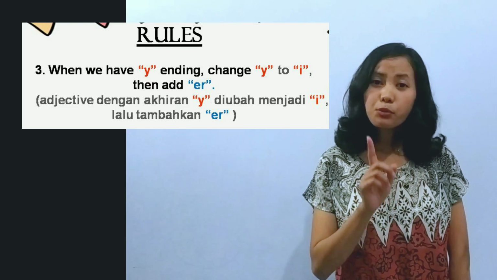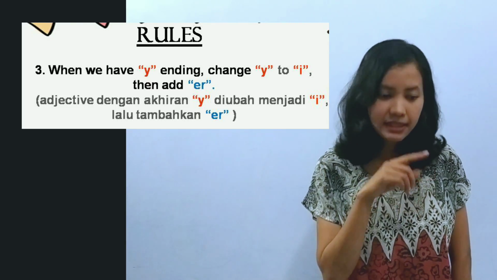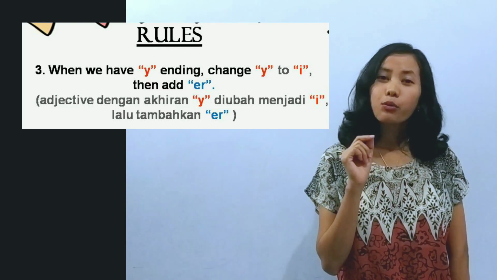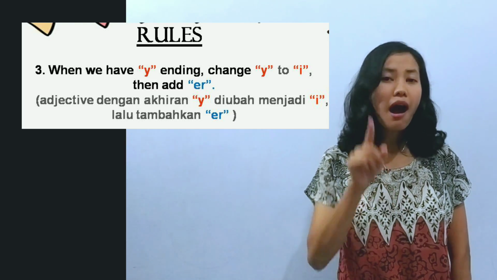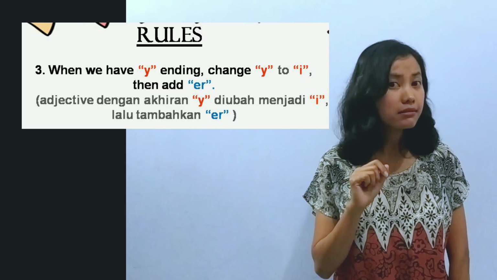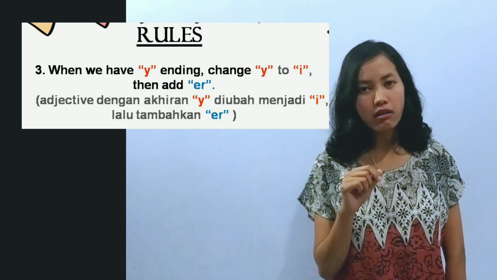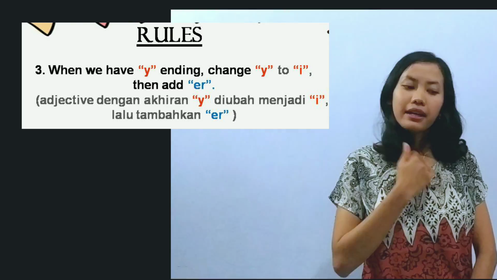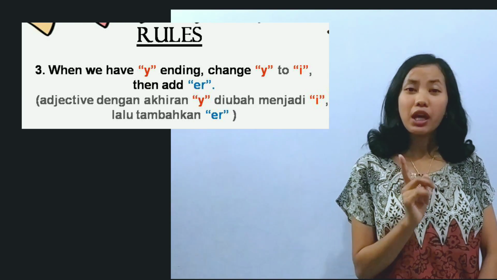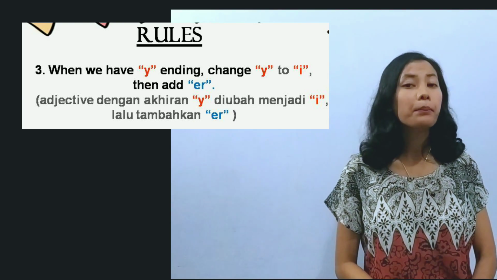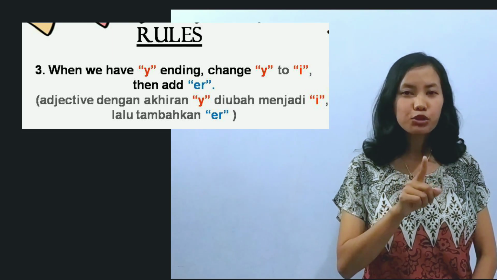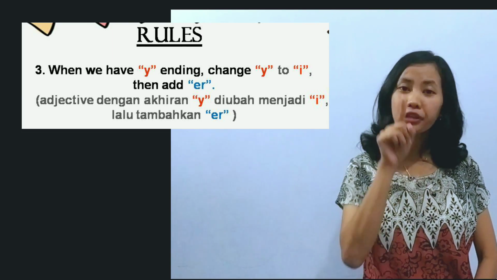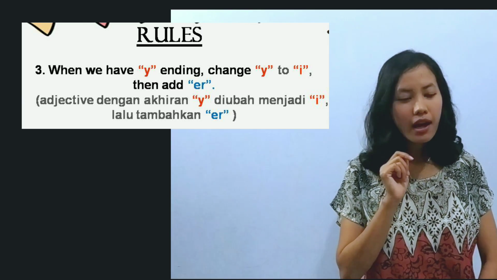The third rule is when we have Y ending, we can change the Y letter to I, then add er. Ketika kita mempunyai kata sifat yang berakhiran Y, kita harus menggantinya dengan huruf I terlebih dahulu.